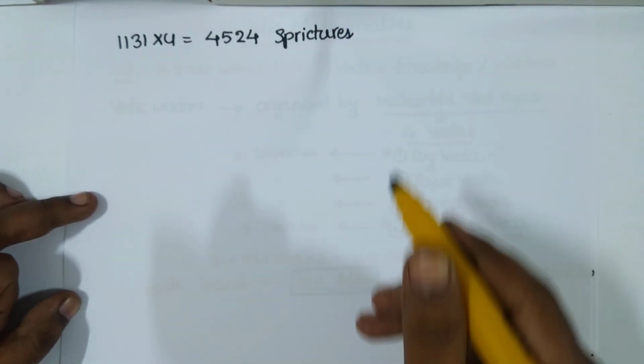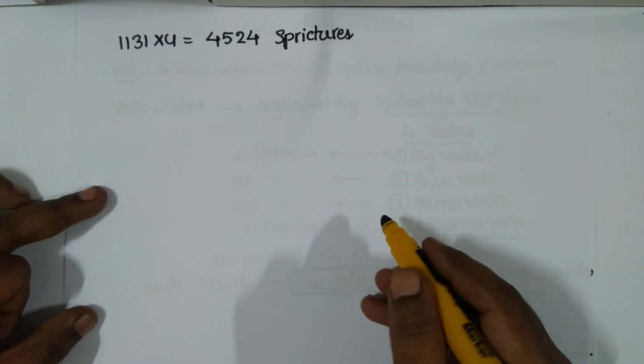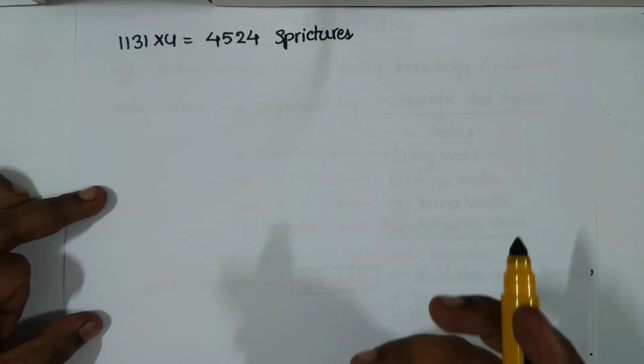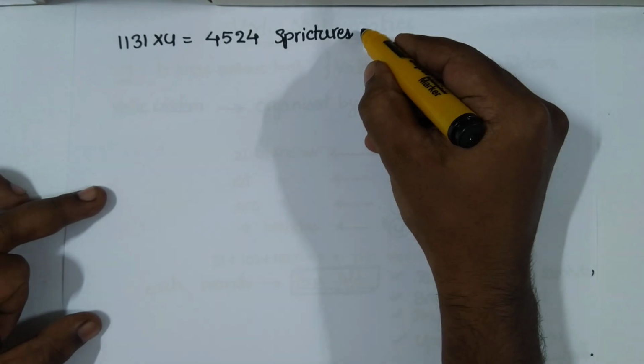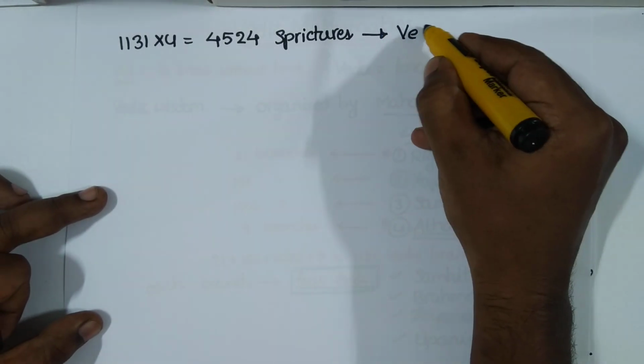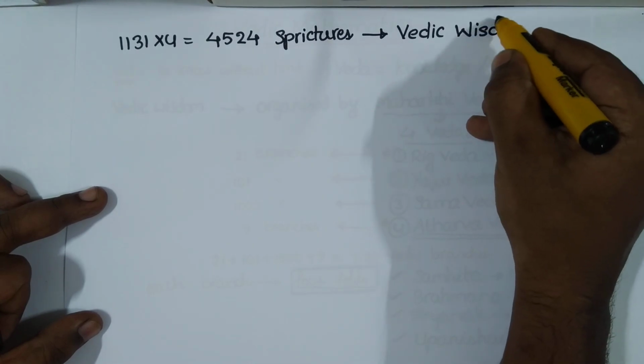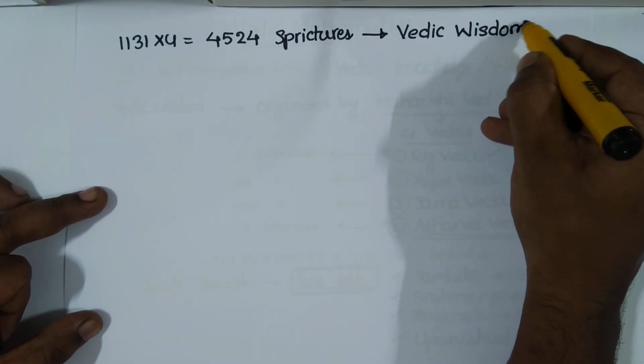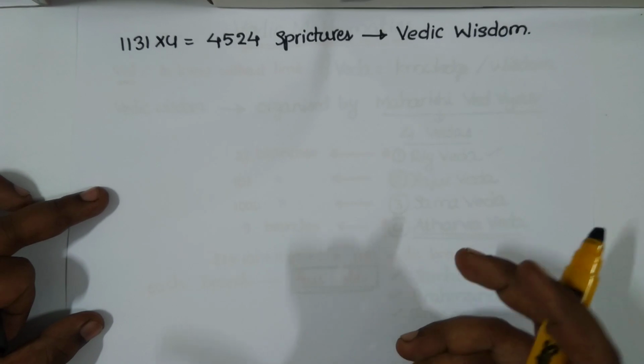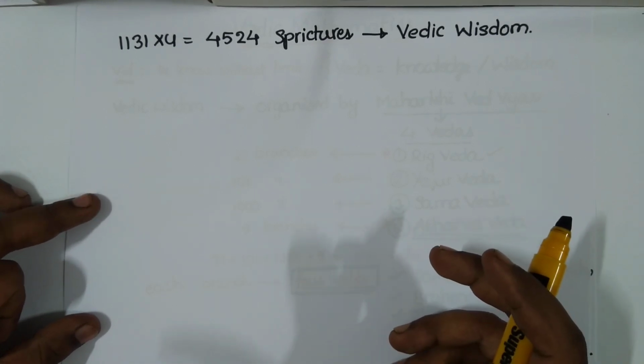So we have 4524 scriptures together, and they came to be known as Vedic wisdom. This is our Vedic wisdom: 4524 scriptures.